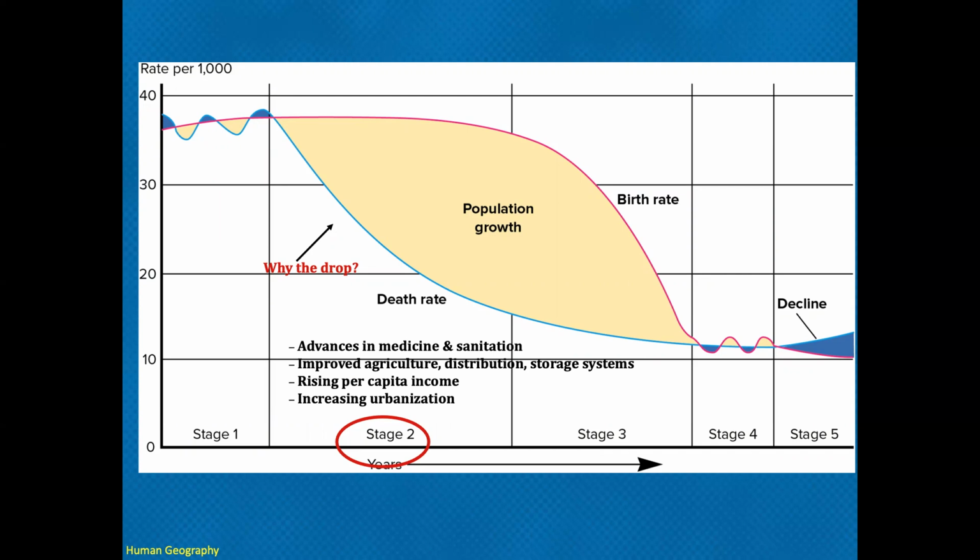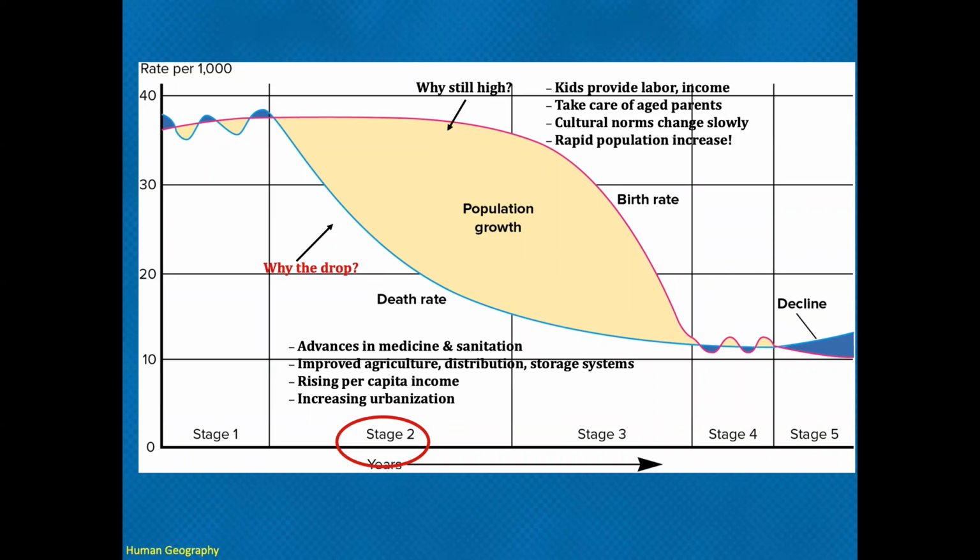And you get that big drop. And notice the bigger the difference between the blue and the red, the bigger the population growth. And why is birth still high? Kids are labor, income, they take care of your aged parents, and cultural norms are slow to change.